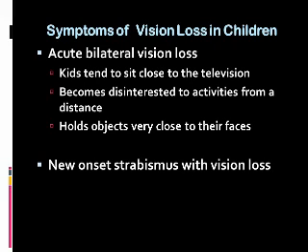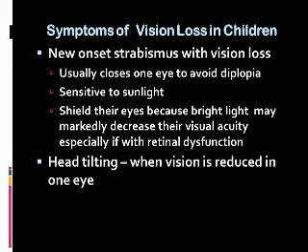They become disinterested in activities from a distance and hold objects very close to their faces. New onset strabismus with vision loss usually closes one eye to avoid diplopia. They are sensitive to sunlight, and they may shield their eyes because the bright light may markedly decrease their visual acuity, especially if with retinal dysfunction.